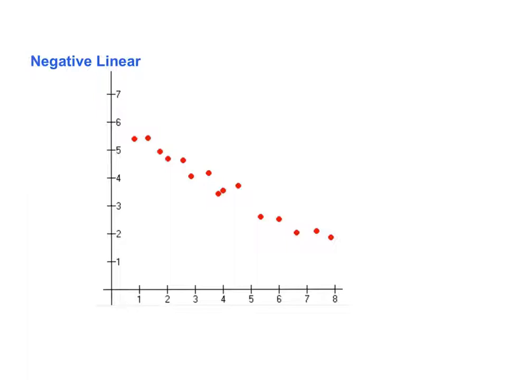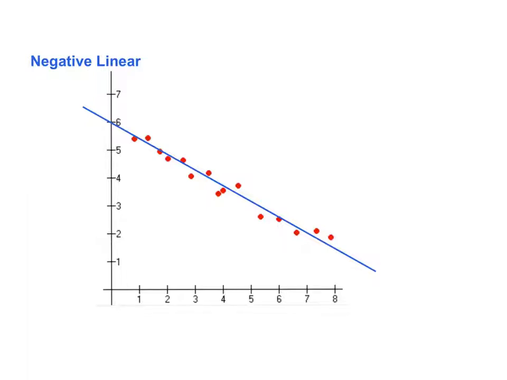Okay. Right? There's a line that splits it, and those points are all pretty tight to that line, so that's a pretty strong relationship there, okay? But it is negative because it goes down from left to right. The slope of that line is negative, so it has a negative linear relationship. I would call this one strong as well, okay?